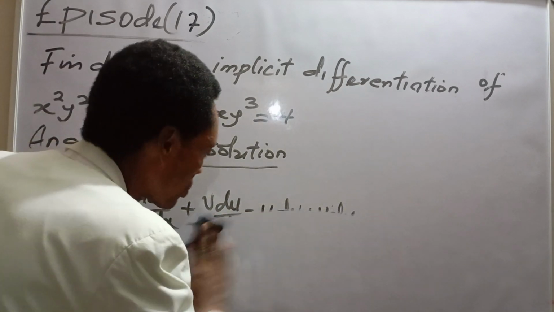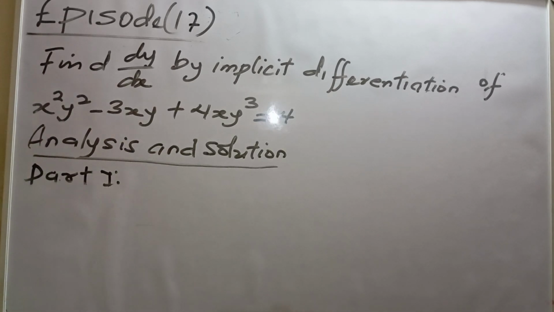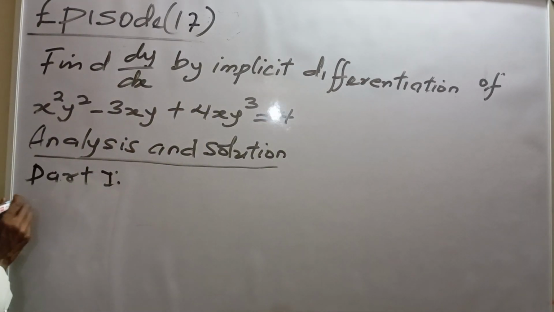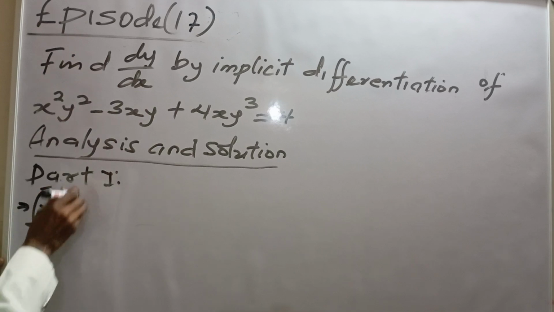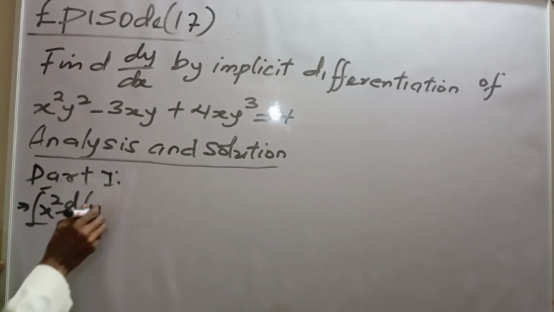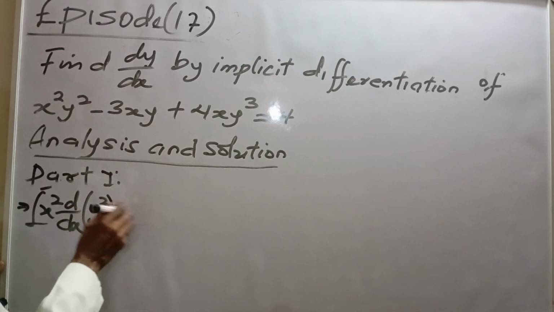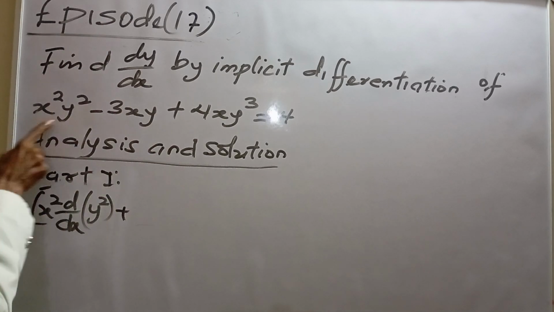Now what we have to do is differentiate this by product. How do you do that? You start like this: x squared, then d/dx of y squared, open bracket, plus, hold down this and differentiate this.